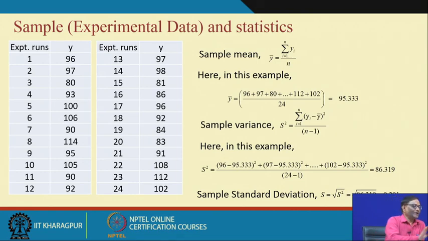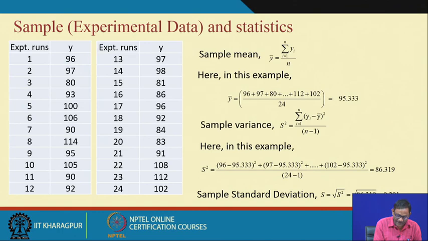The sense of the presentation now is that, suppose you are given an experimental data set, how do you compute mean, standard deviation, variance, and how do you go for different kinds of plots. Let us see that there are 24 observations, so in general the sample data structure will be like this.